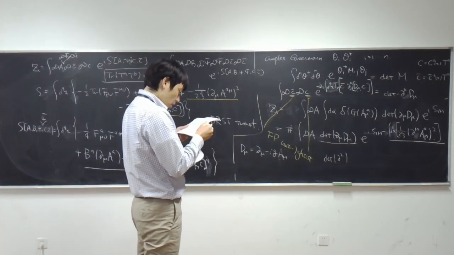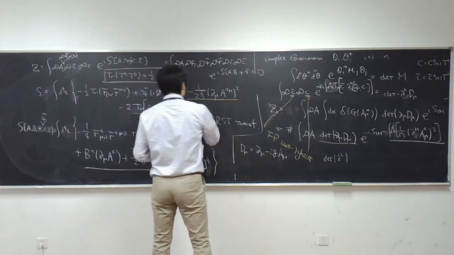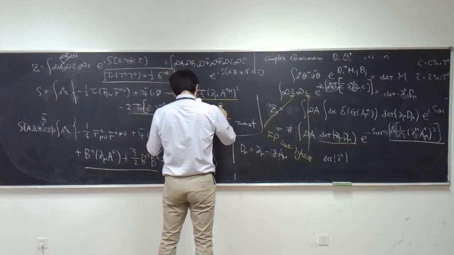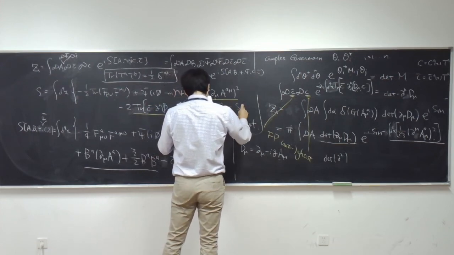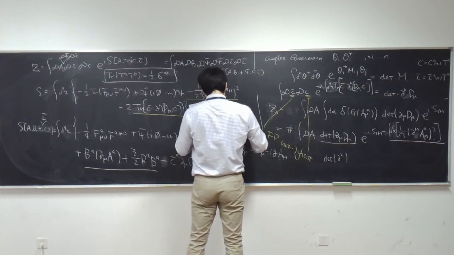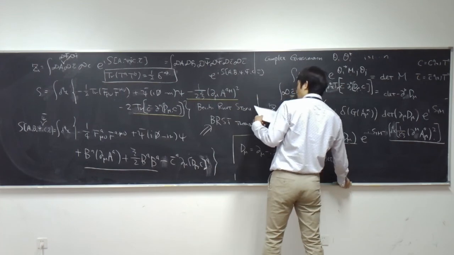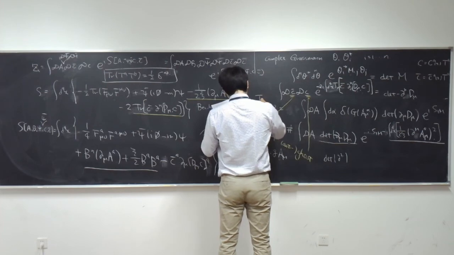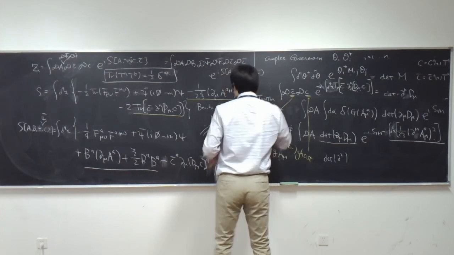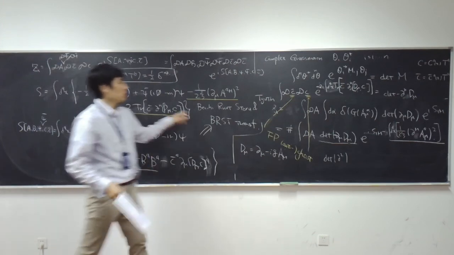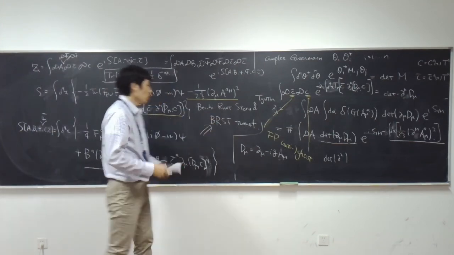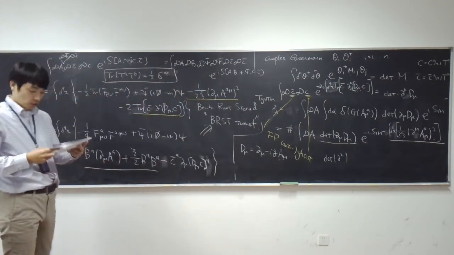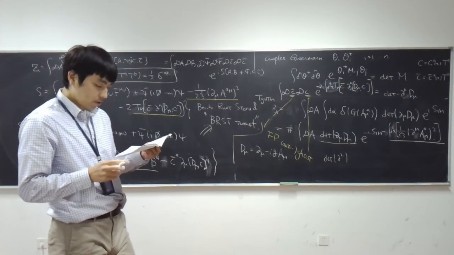BRST stands for the Italian, Becchi, Rouet, the Russian, Tyutin, and Stora. The abbreviation of these four people is BRST transformation. This action is invariant under the BRST transformation. You have to check it yourself in homework problem 3.